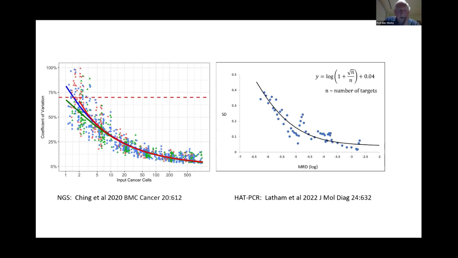They used high throughput or next generation sequencing. This is from the advanced technologies. They did replicate estimations and measured, and they show you the results of replicate estimations.